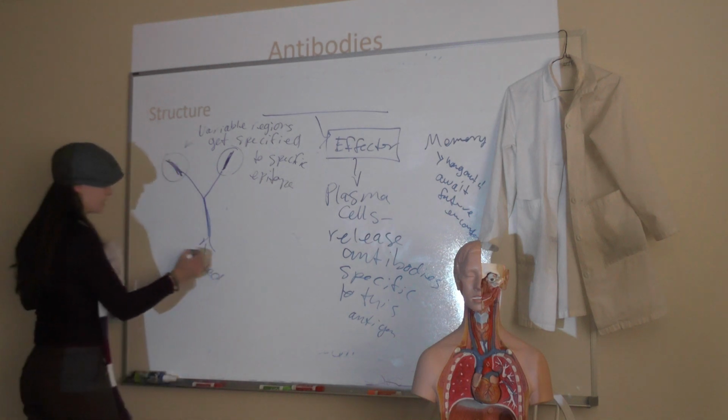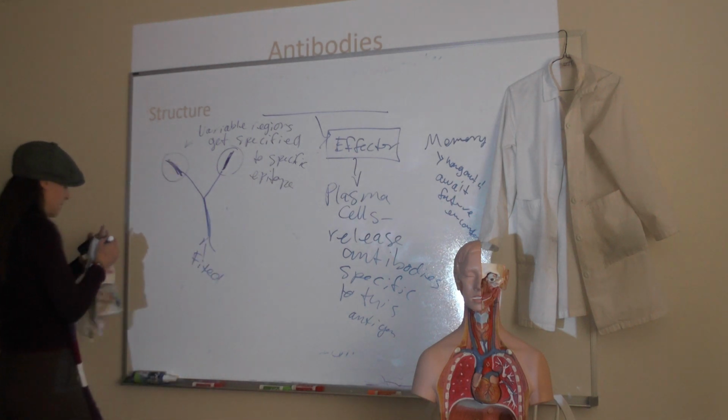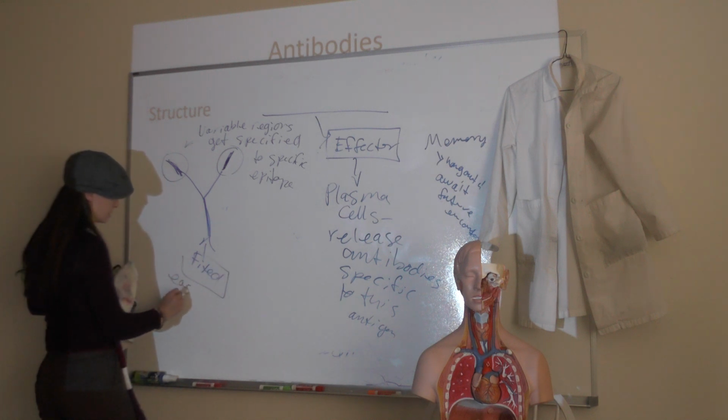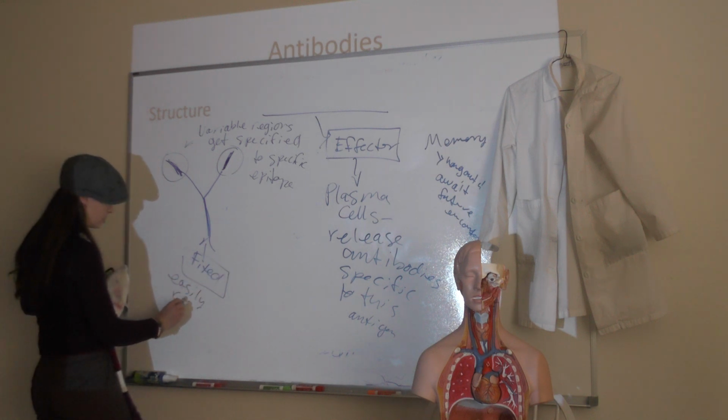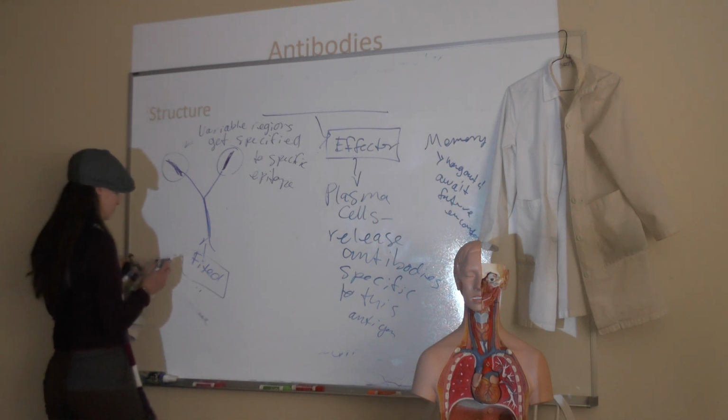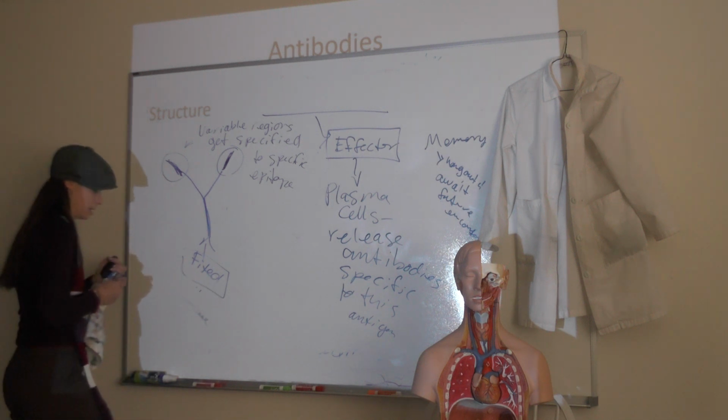And then they have these fixed regions that are the same and are easy to recognize. So we'll say easily removed, or helps for the easy removal from the system.